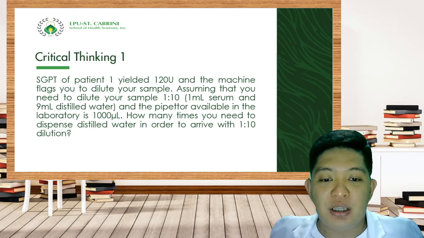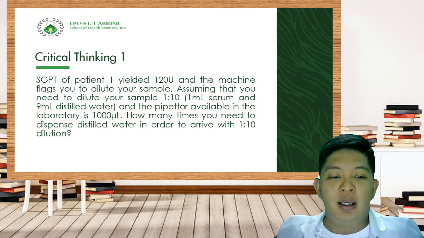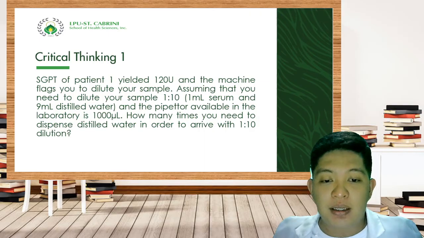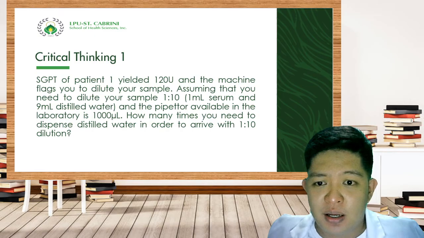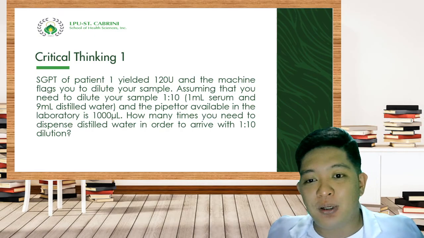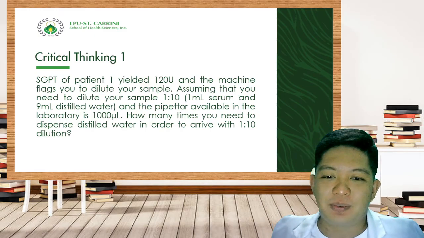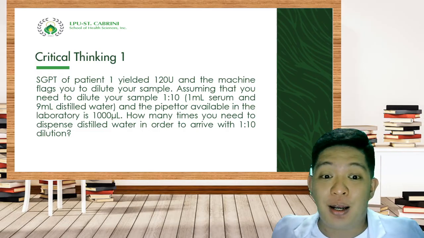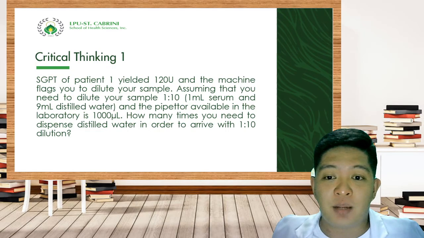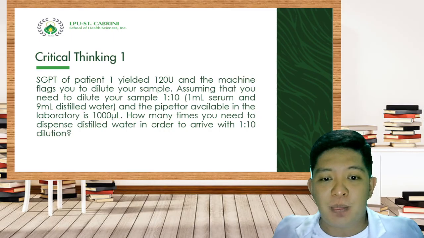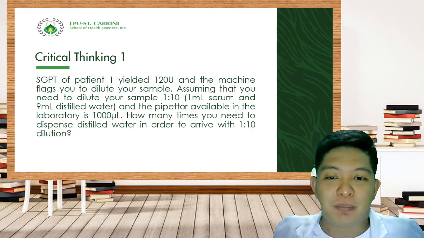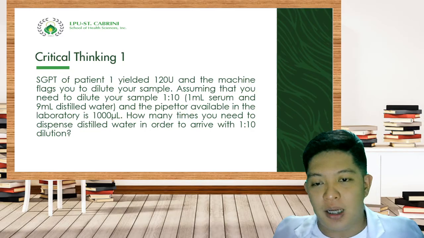How many times you need to dispense distilled water in order to arrive at a 1:10 dilution? So parang yung example lang natin kanina, no? Wherein we have 5 ml, convert it into microliters, that is 5,000 microliters. This time, you need 9 ml, and the available automatic pipettor is 1,000 UL.